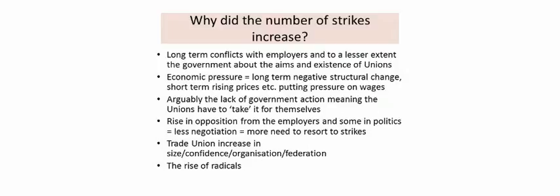And the final factor, which is a minor one, but your sources will certainly reference, is that there is also a rise in some areas of radicals. Radicals who want to use trade unionism as step one as part of a wider socio-economic change.